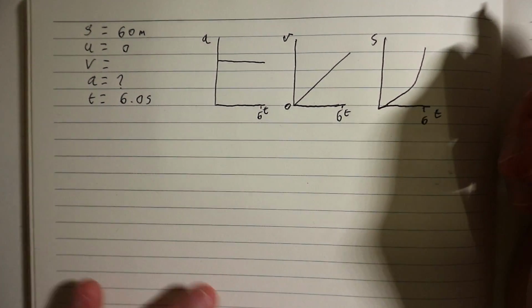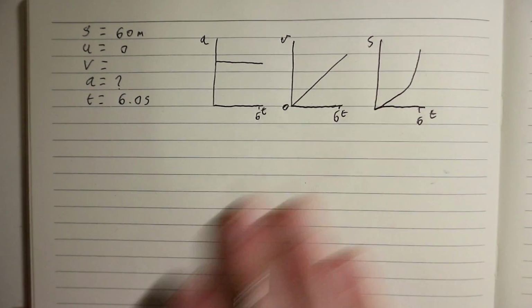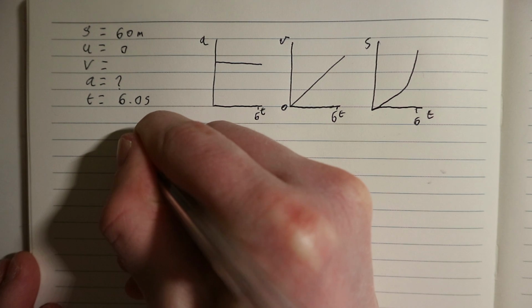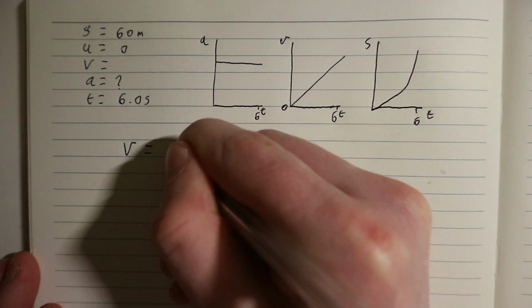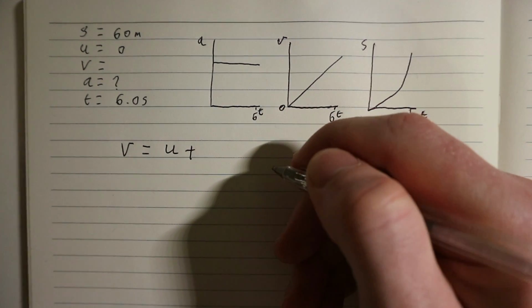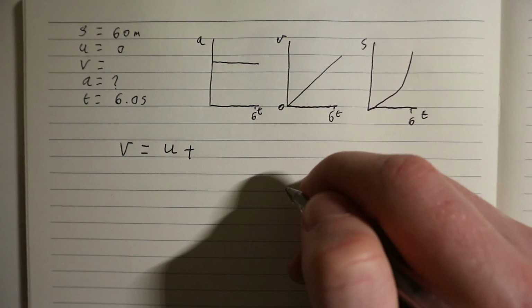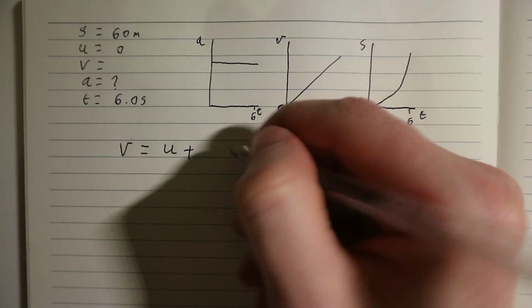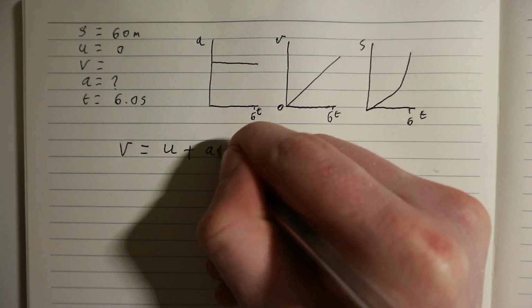Now we need some equations. So our first basic equation is that the final velocity, v, equals the initial velocity plus any velocity that it would have gained over those 6 seconds. Now it gains velocity because of the acceleration, so this is simply AT.